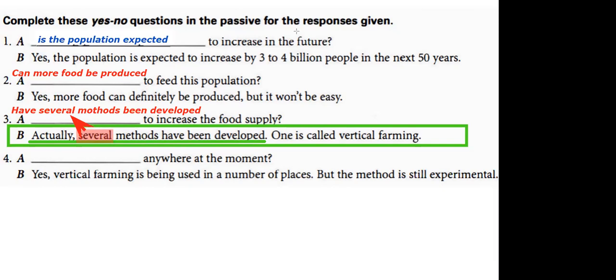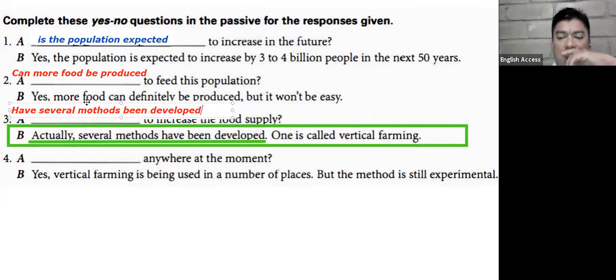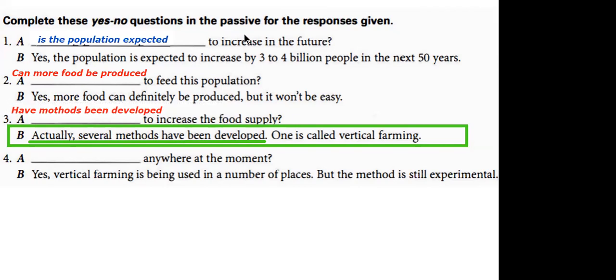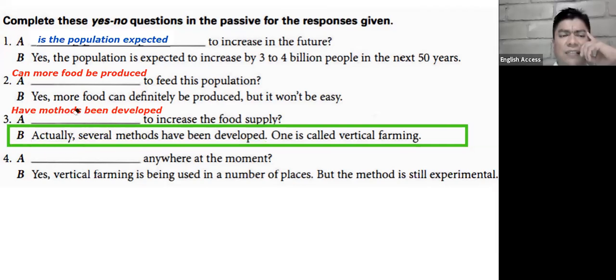We have to drop the several. Okay, so if we drop several, have methods been developed to increase food supply? Is that a coherent question? Does this make a good story, a coherent flowing of the conversation?